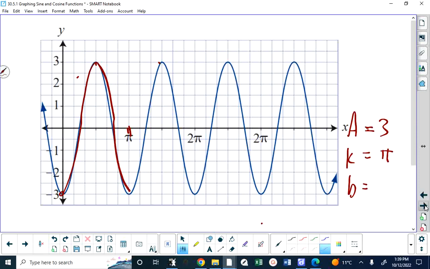So if you're thinking in terms of stretches, we have to stretch by a factor of 1/2, which means B is 2. If you're thinking B equals 2 pi over the period, that's almost easier. You take 2 pi divided by the period of pi and get 2.